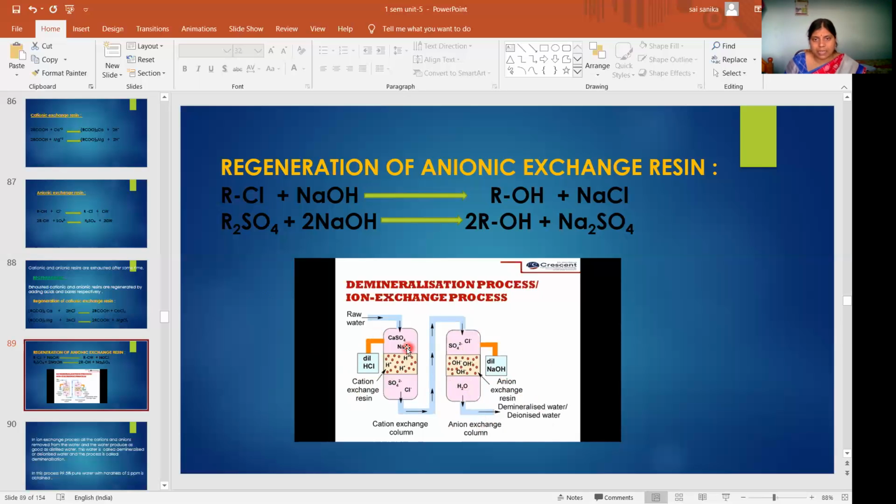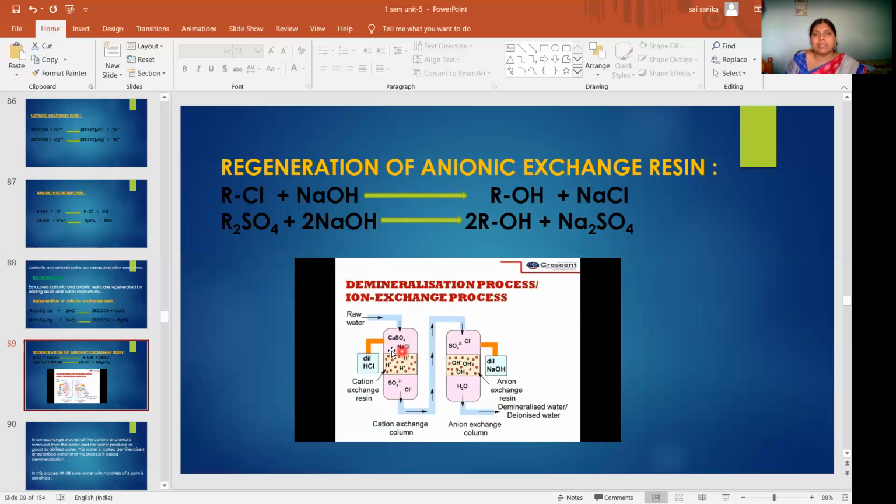Okay, this is the cation exchange resin. This is the anion exchange resin. Here cations are removed, and here anions are removed. So total mineral salts are removed. That's why this water is called demineralized water, and this process is called the demineralization process.